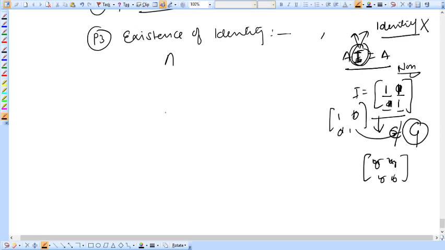So let us search out the identity in a different way, right? For identity E, A into E must be equal to A.